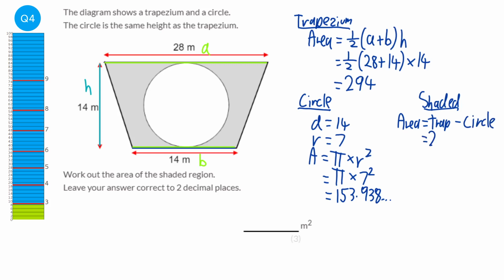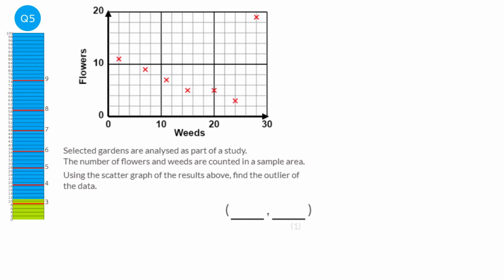So the trapezium's 294, the circle's 153.93 blah blah blah, and when you do that you get 140.061 blah blah blah. It says it wants it to 2 decimal places, so it would be 140.06.